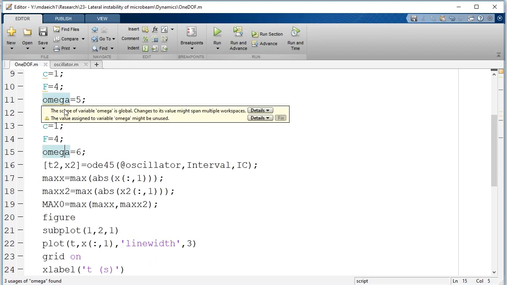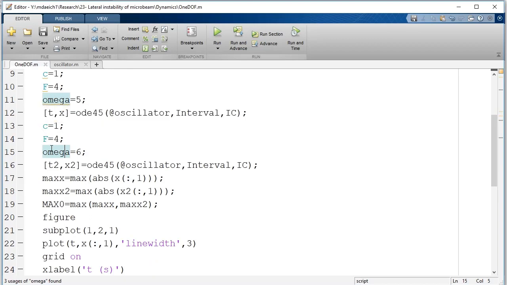The amplitude depended heavily on omega, the frequency of the external force. So now let's consider a for loop and sweep omega between a certain value up to a certain value and see how the maximum amplitude would change.